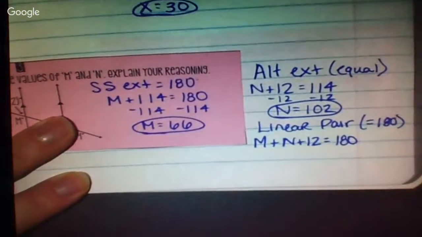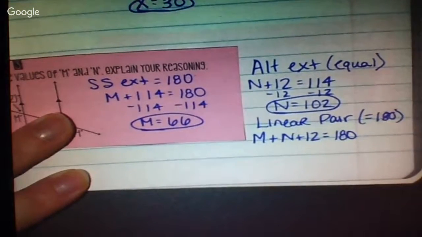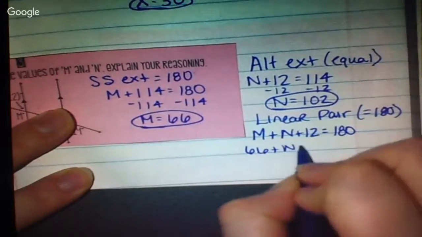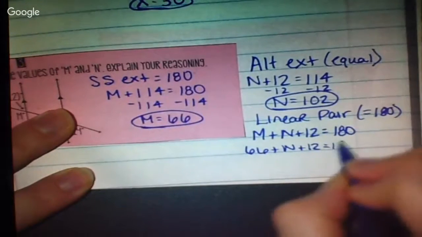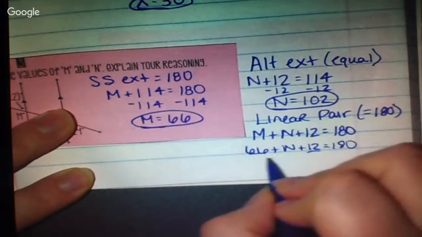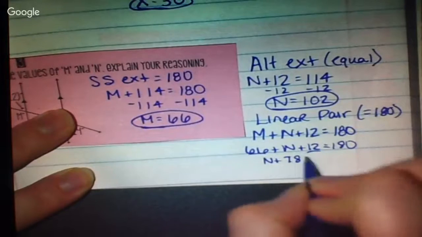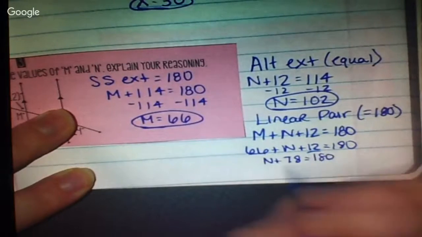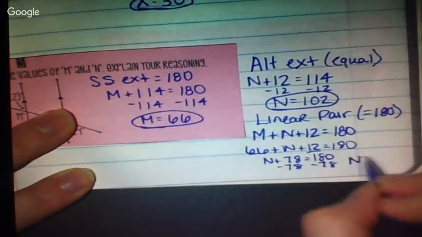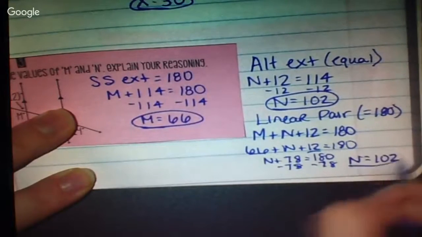I'm just showing you a different way to do this to find n. So now we know that m is 66. Combine like terms, that's going to give me 78. And then when you subtract 78 from both sides, you still get that n equals 102.